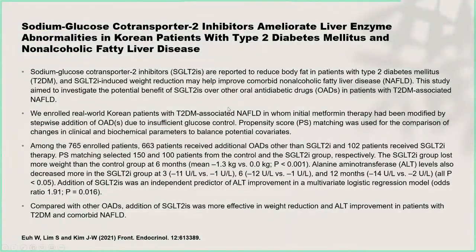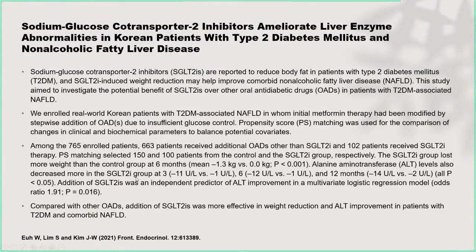Now, the other class of drugs that have been of interest is the SGLT2 inhibitors. These two classes of drugs have gained a lot of attention because of their good cardiovascular outcomes. So they have also been studied in the context of NAFLD. This is one of the studies, a South Korean study, where the SGLT2 inhibitor was more effective in weight reduction and ALT improvement in patients with type 2 diabetes and comorbid NAFLD.